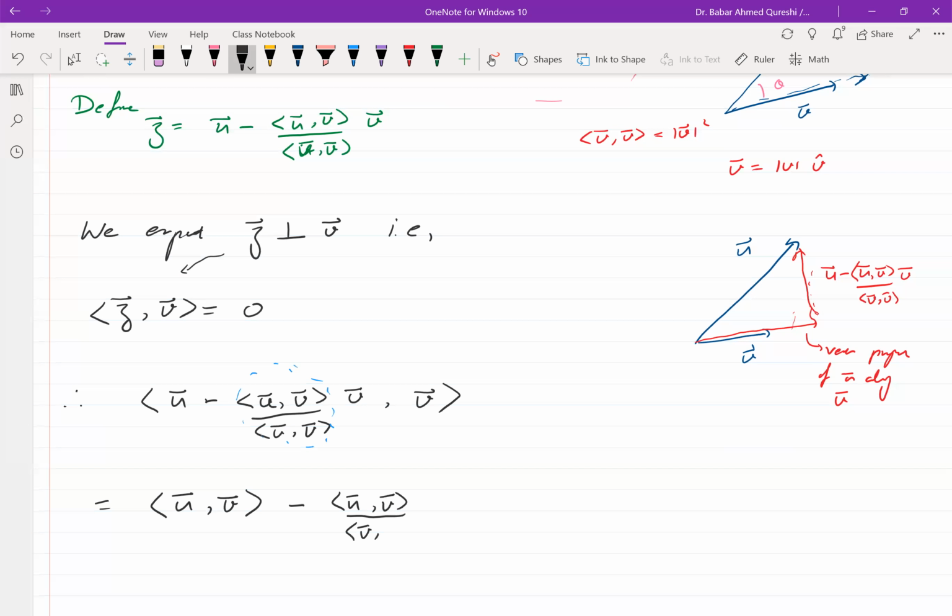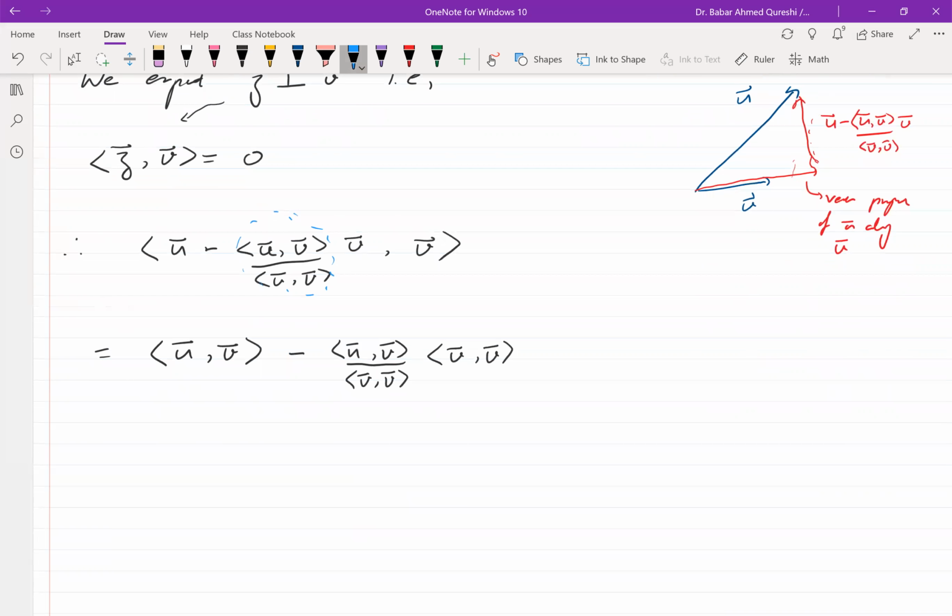Then you take the inner product of the remaining vector with v. But this cancels with this, and you have u dot v minus u dot v, which is 0. So we have proved that indeed z is perpendicular to v.